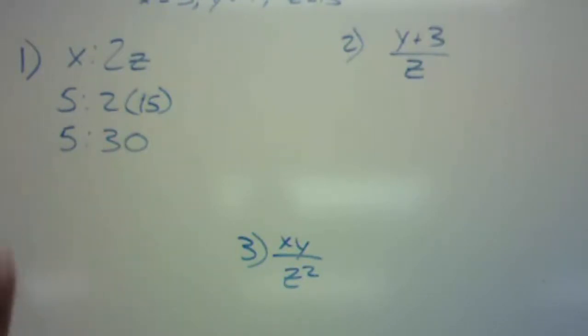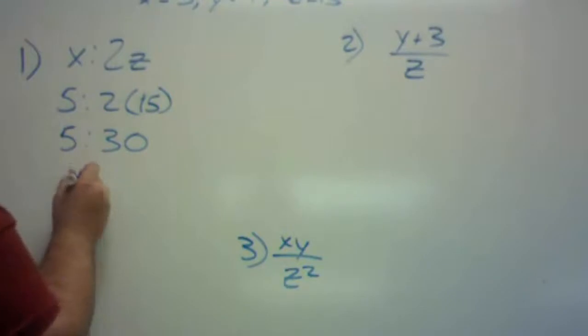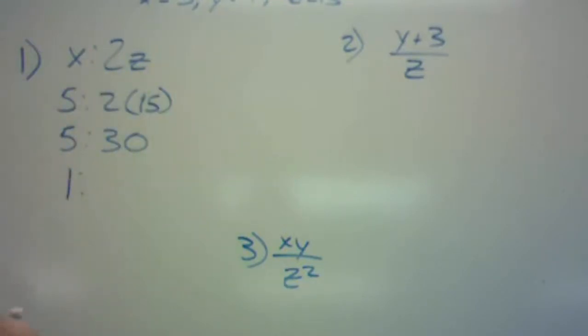Well, they both end in a 5 or a 0, so that means both are divisible by 5. It goes evenly into both of them. 5 divided by 5 is 1. 30 divided by 5 is 6. So this ratio is 1 to 6. I've put the ratio in simplest form. When you get 1 to something or something to 1, you're done automatically, assuming you did everything correctly.